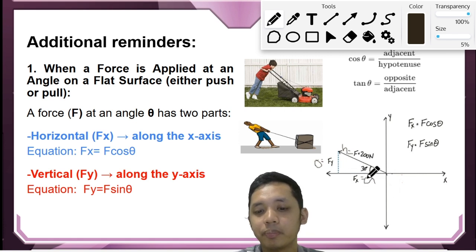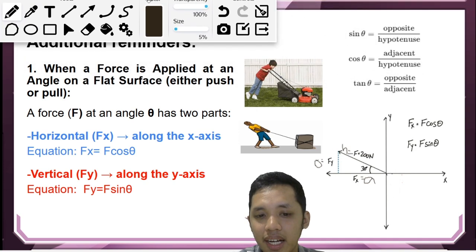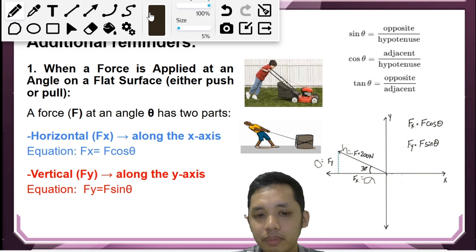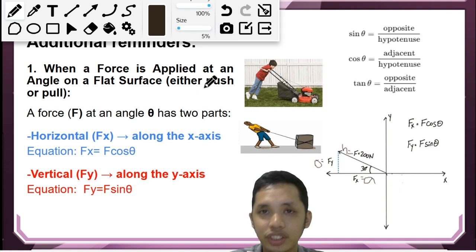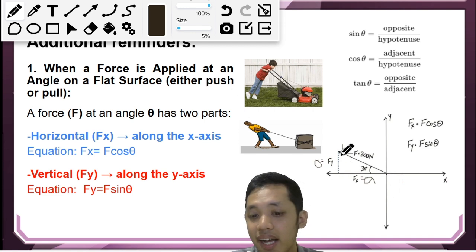Okay? Now, since we have already identified the sides, we can already derive the formulas to get the f of x and the f of y.